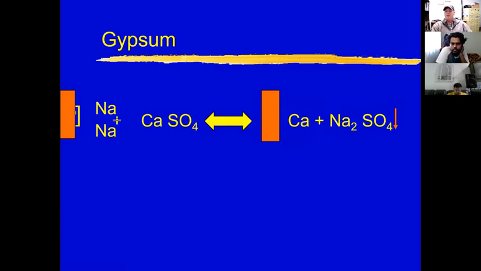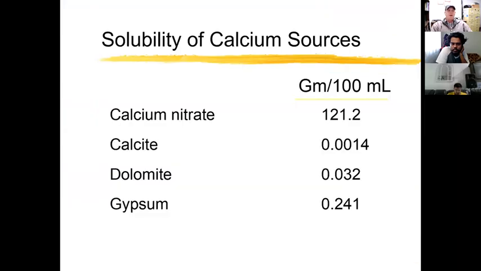So that's basically how the process works. We've got to replace the sodium with an exchangeable form of calcium. There's a couple ways of doing it. As far as calcium sources go, you can use calcium nitrate, calcite, or dolomite, but gypsum by far is the most common. The reason being is that calcium nitrate tends to be very expensive. It's really soluble.